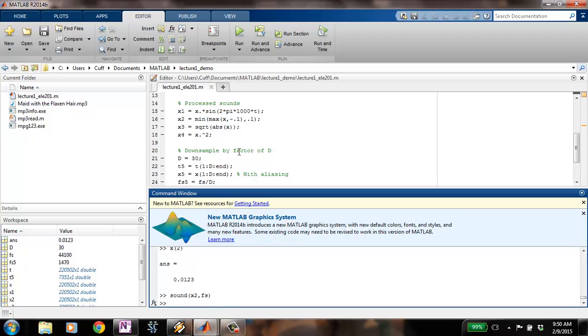Let's do another thing. What if I just wanted to take, let's say, the square of the value at each point. So this is a weird thing. I'm not going to play back the original numbers. I'm going to square each number. I'm going to get something that's always positive. So that's what we call X4 here.